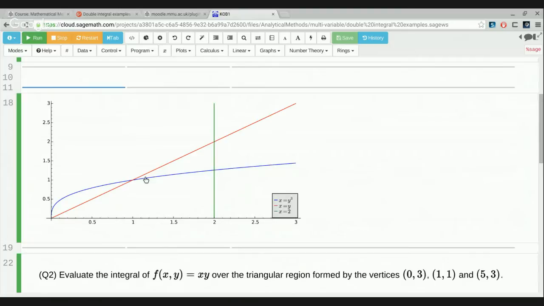I have this region like this, and I'm going from y equals 1 to y equals 2. So then you imagine a typical value of y in the middle here somewhere. For a typical value of y in this range, what are the limits for x?